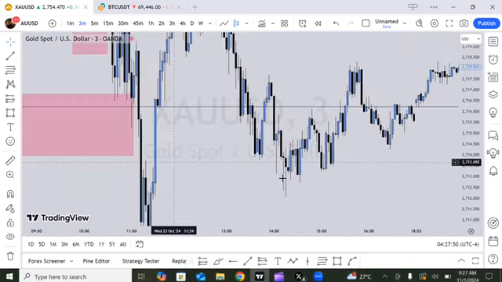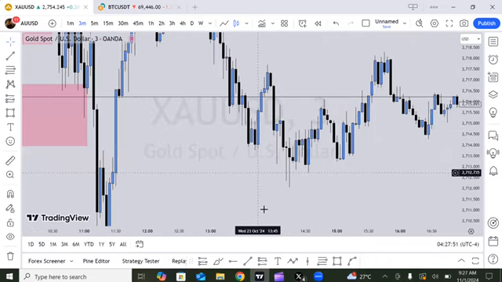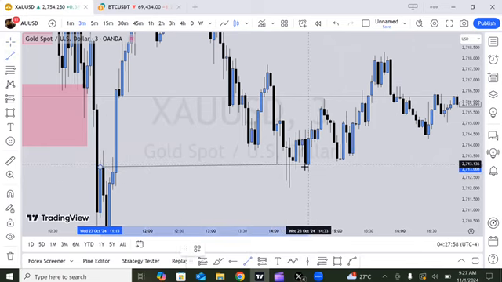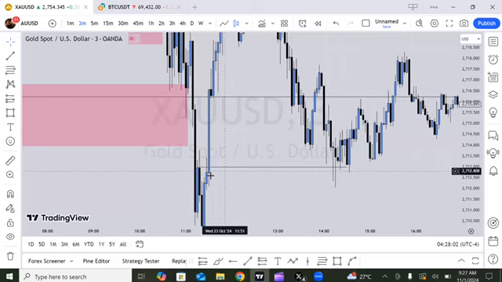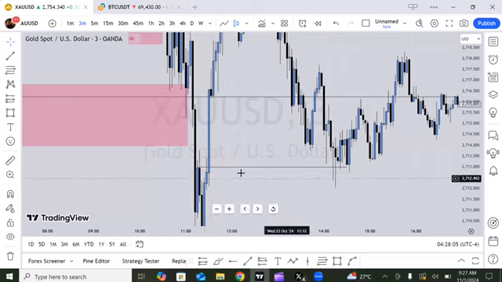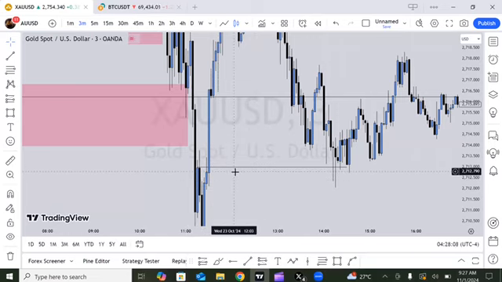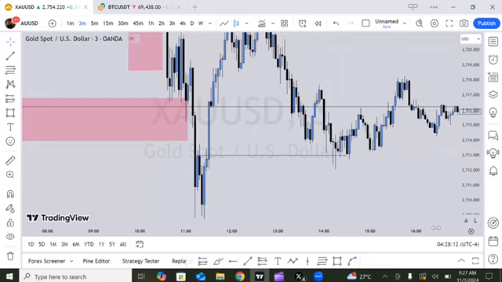Now, let's give this an example. Let's say we actually did get our SNL level at this particular point of the 1 minute, and then we actually did get our confirmation coming in, right? Which is the 5 minutes coming up. Now, how do we actually scale into this particular trade?